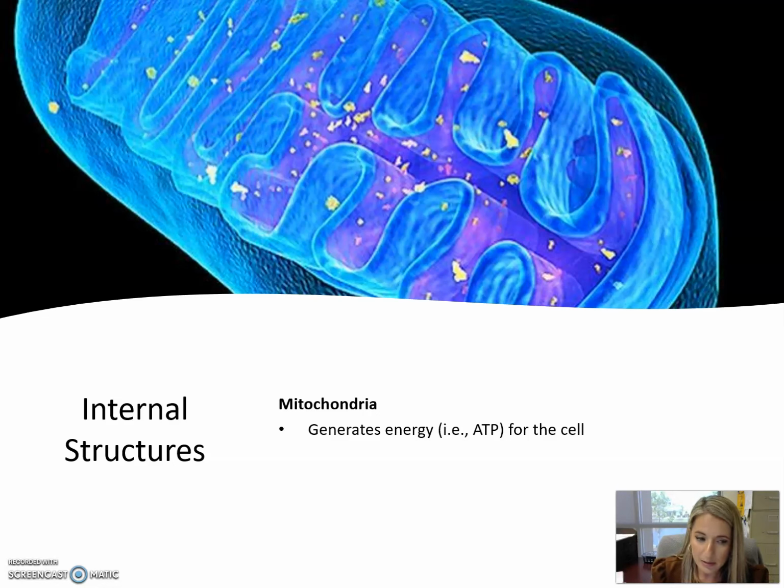They obviously need to produce ATP, or energy, though, so prokaryotic cells will produce their energy using the cell membrane, whereas in eukaryotic cells, energy is generated within the mitochondria. So that is something important to remember. Prokaryotic cells, energy is generated in the cell membrane. Eukaryotic cells, energy is generated in the mitochondria.